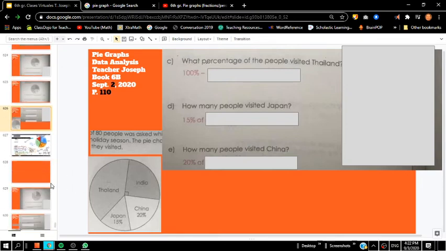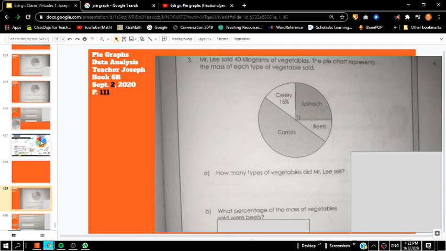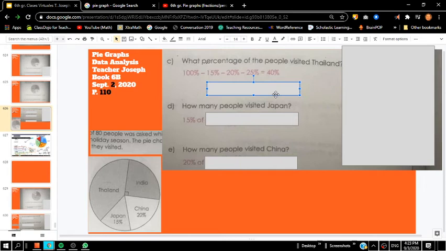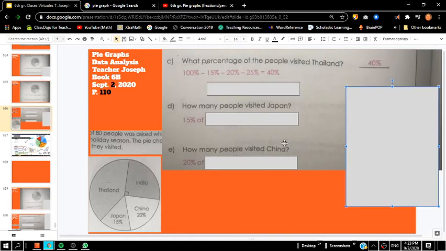All right, so let's figure out those answers. The answers I'm going to actually put on the screen just so you guys can see it. 100 minus 15 minus 20 minus 25, right? All those that we already know is going to give us 40%. Okay? And how many people visited Japan? Well, we're going to take 15% of 80, which is the same as multiplying 15 times 80 divided by 100 equals 12 people visited Japan.